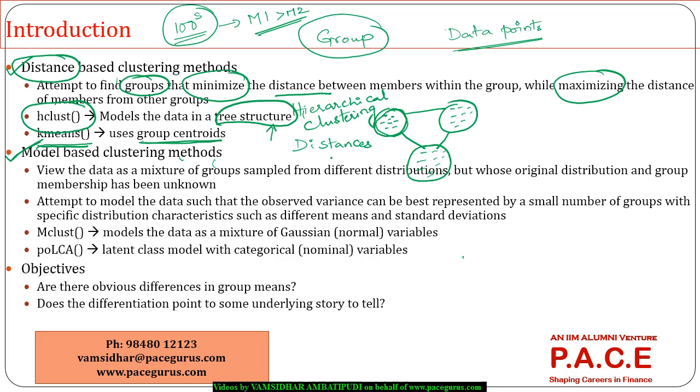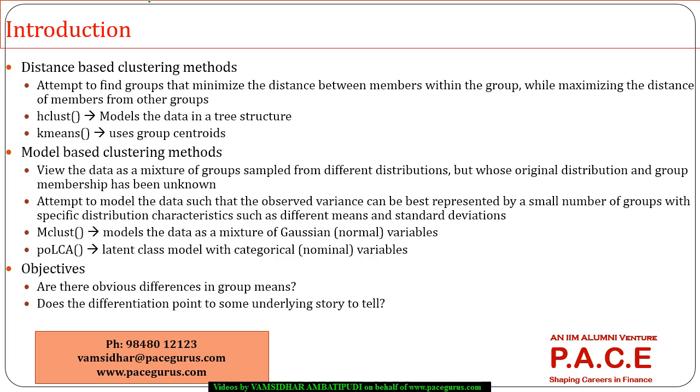But whatever way the distance is measured, the intention behind distance based algorithms is to minimize the distance between the variables within the group while trying to maximize the distance between the variables across the groups. Those are the two algorithms that I'm going to discuss under distance based clustering methods.